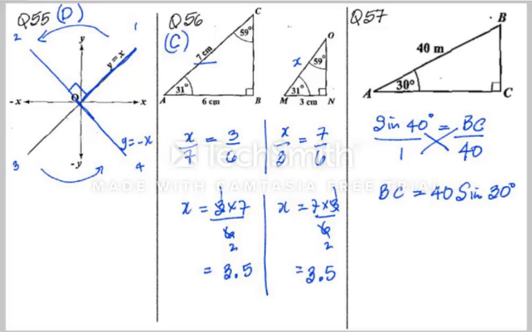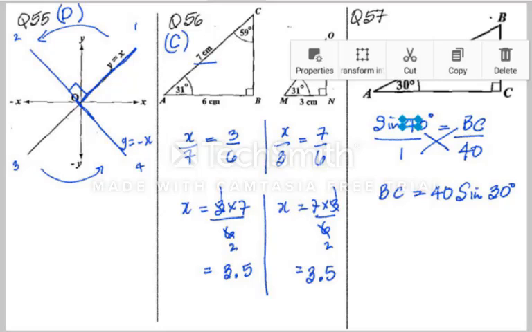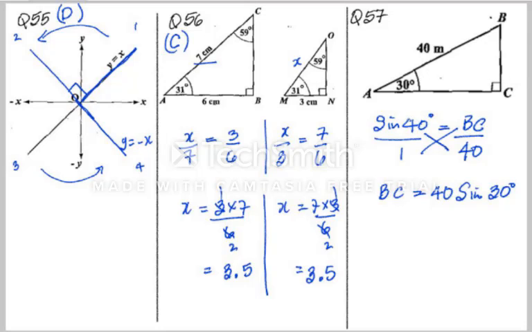Alright, so the angle here is not 40 degrees. The angle here actually should be 30. So let's put in the correct thing. So the angle here is 30 degrees, so it's 40 sine 30. So the answer is A.